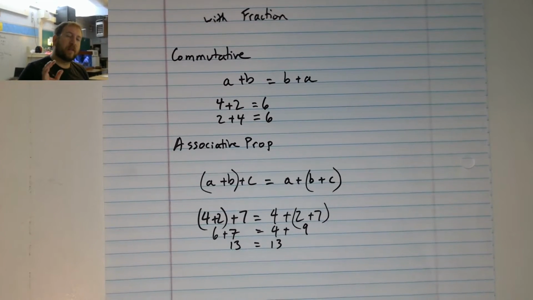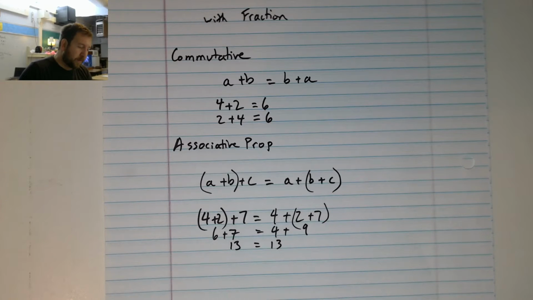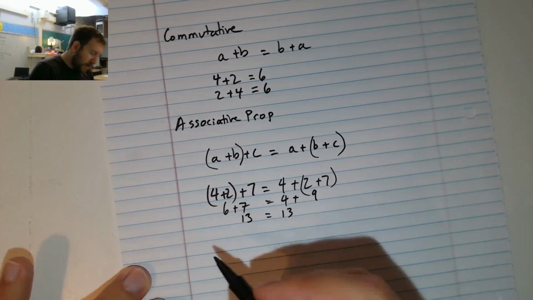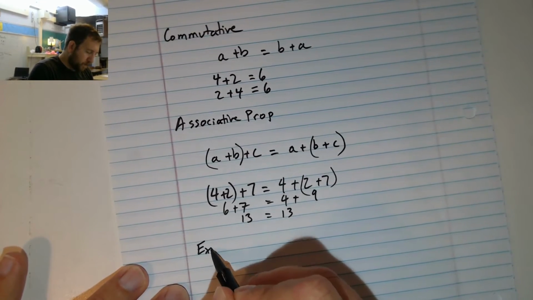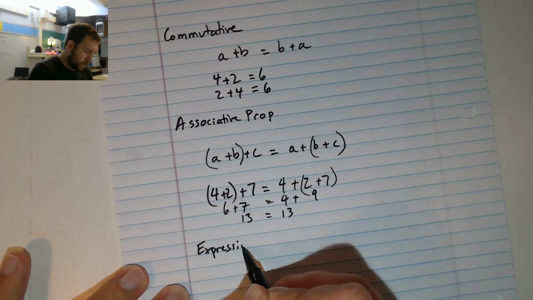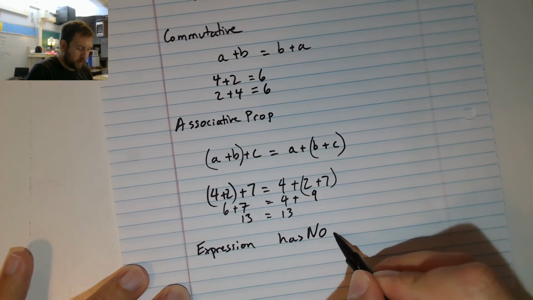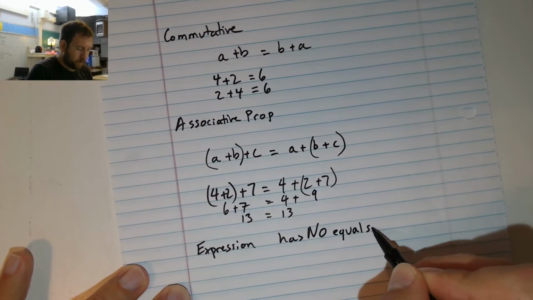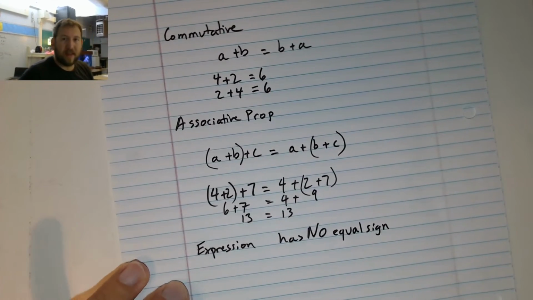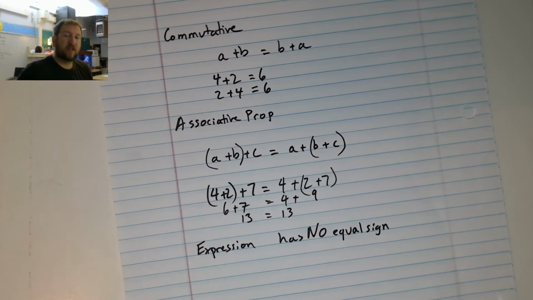Okay, so today we are going to be using these properties with simplifying fraction expressions. Recall again that an expression has no equal sign, and it just represents a number. They express a number.